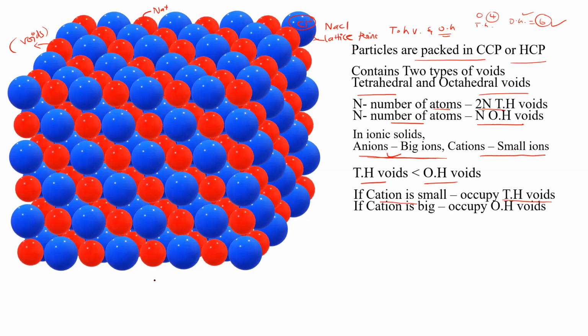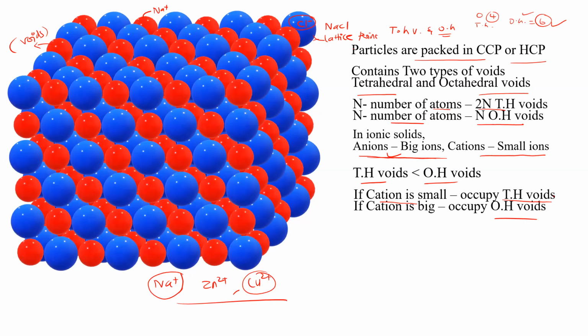Say for example, if we have Na plus ions, Zn 2 plus ions, copper 2 plus ions, something like that. Suppose if I take Na plus ion, if the size is very small, then it occupies tetrahedral voids. Suppose if I take Zn 2 plus or copper 2 plus, if the sizes are big, then it will occupy octahedral voids. So we are not comparing within only one solid.